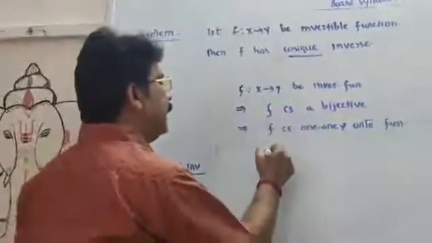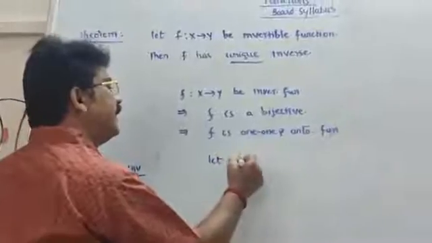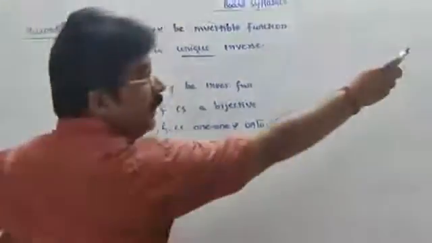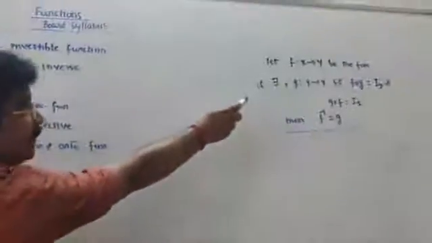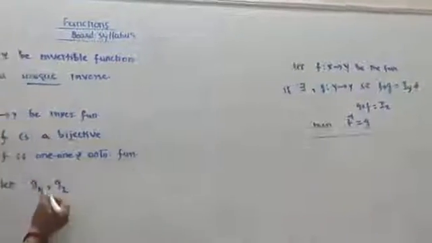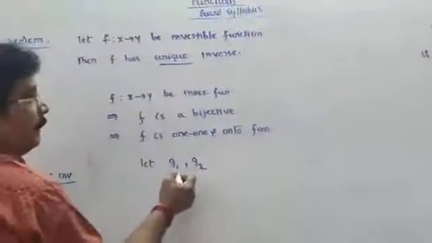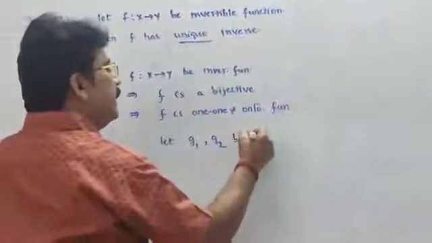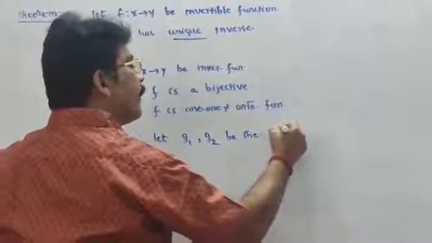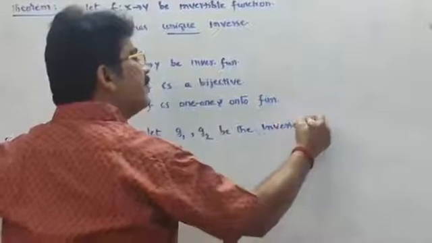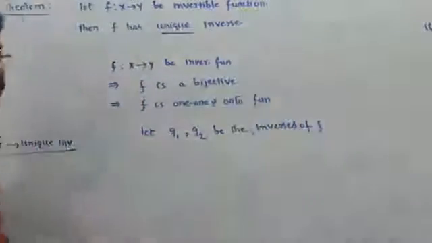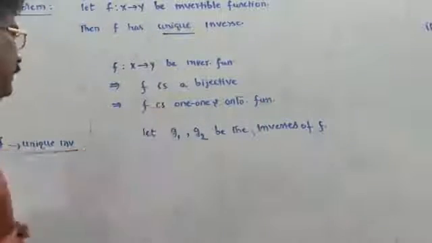Right, okay. Let g1, g2 according to the definition. If there exists g from y to x, that's why I took g1, g2. Let g1 and g2 be the inverses of f. We assume like that.